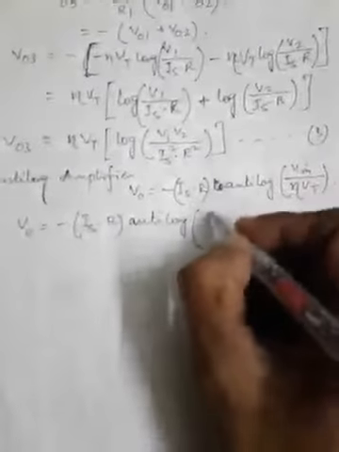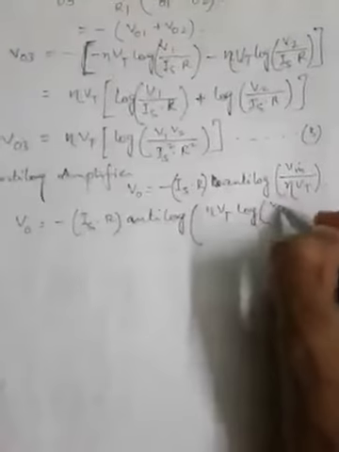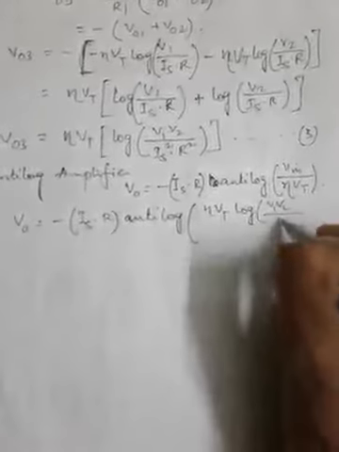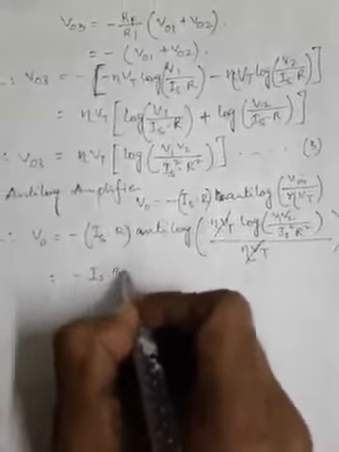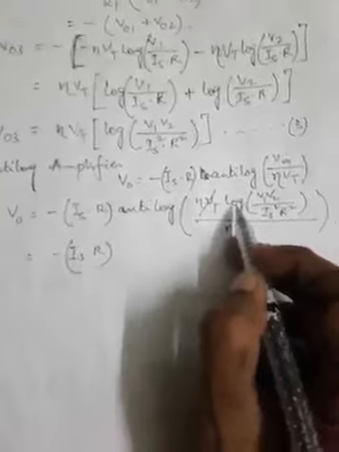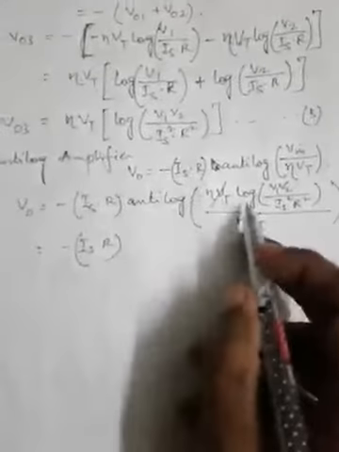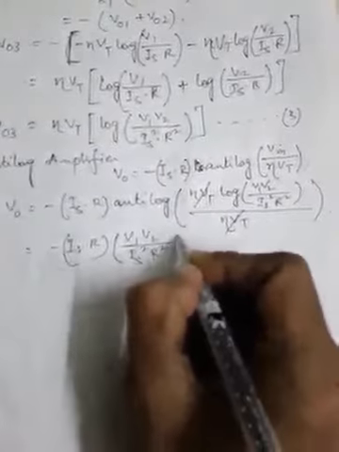It is VO3, that means eta Vt log of V1 V2 divided by Is square R square, divided by eta Vt. Now this eta Vt cancels out, so therefore this is minus Is into R anti-log of log of this term. So anti-log and log, it is the reverse operation, so they will also cancel each other, so only the term will remain: V1 V2 by Is square R square.